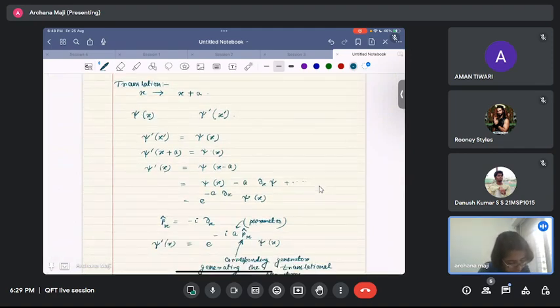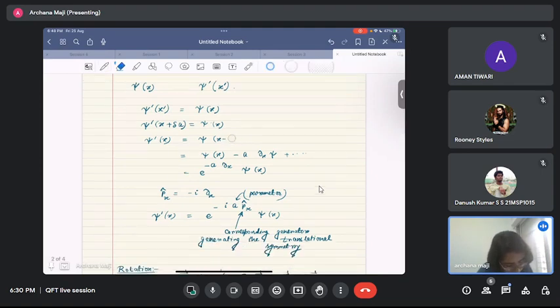When I am writing just two terms, this is an infinitesimal translation, or I could have written this as, let's say, x is becoming x plus some delta a. Okay, so x prime is x plus delta a, or psi of x is becoming psi of x minus delta a, plus the other terms.